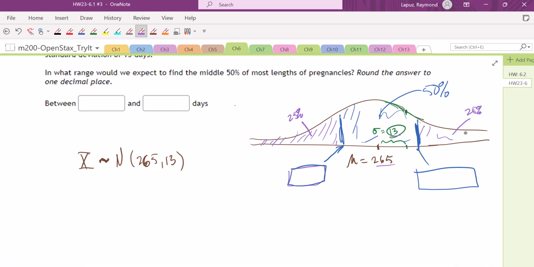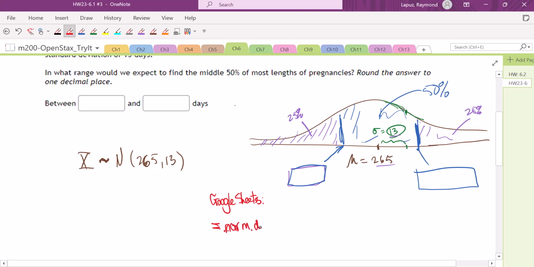The command in Google Sheets: we type in a cell equals, and then norm.dist. Let's try this again.